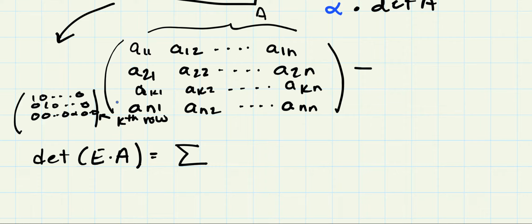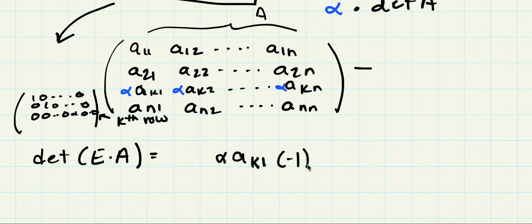I'm multiplying everything on this row by alpha, and now I'm going to take the determinant of this matrix E times A by going along this row. So what you're going to get is alpha times AK1. Actually, let me write this out a little bit. -1 to the K plus 1, and then we have this minor matrix.